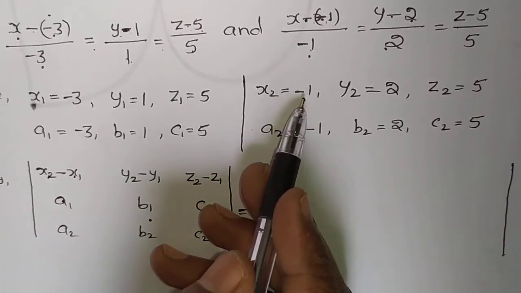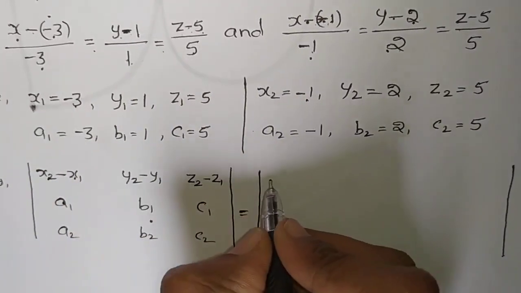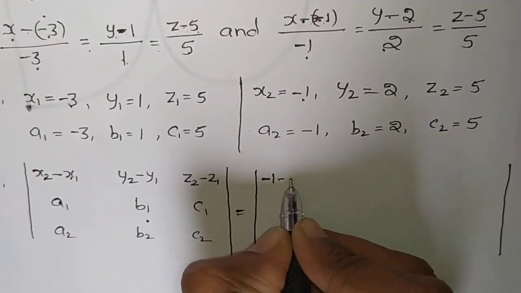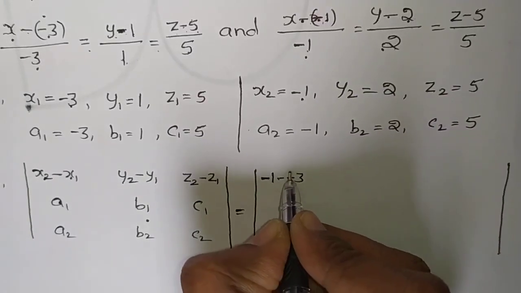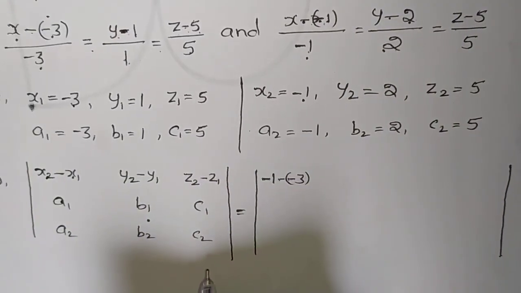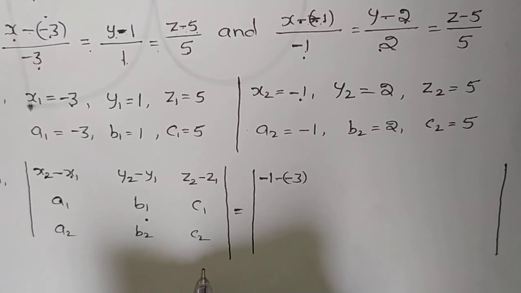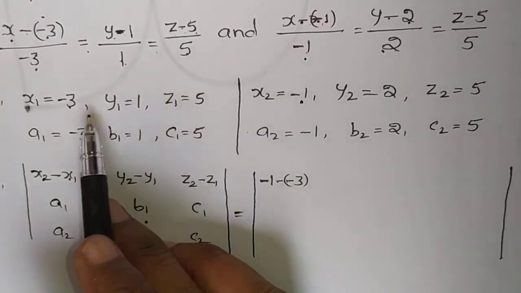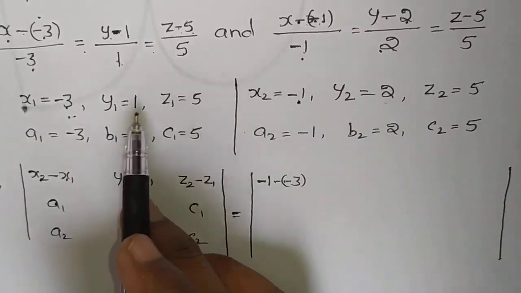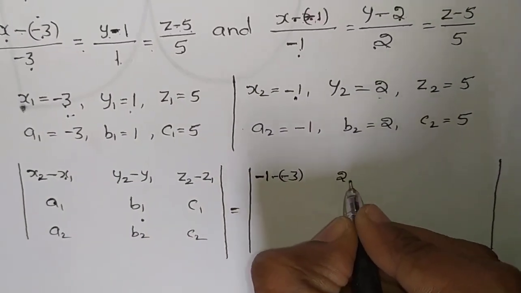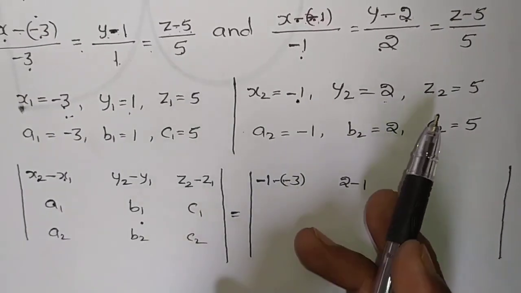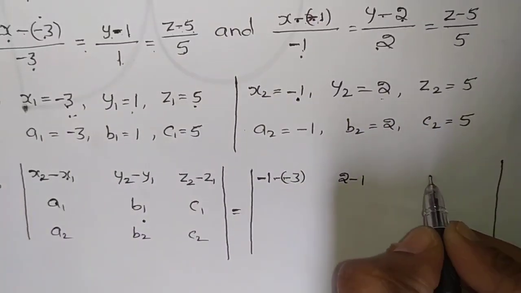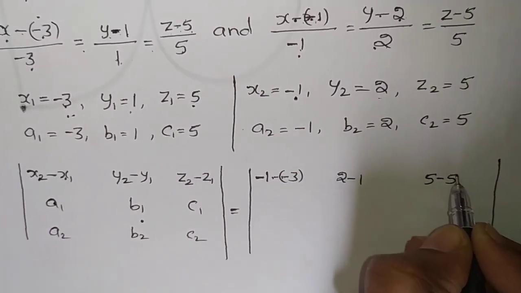x2 minus x1 is minus 1 minus of minus 3. Kindly do not get confused. y2 minus y1 is 2 minus 1, z2 minus z1 is 5 minus 5.